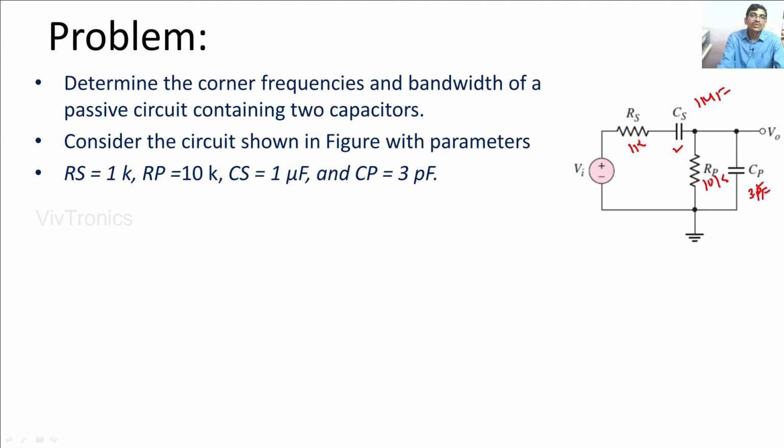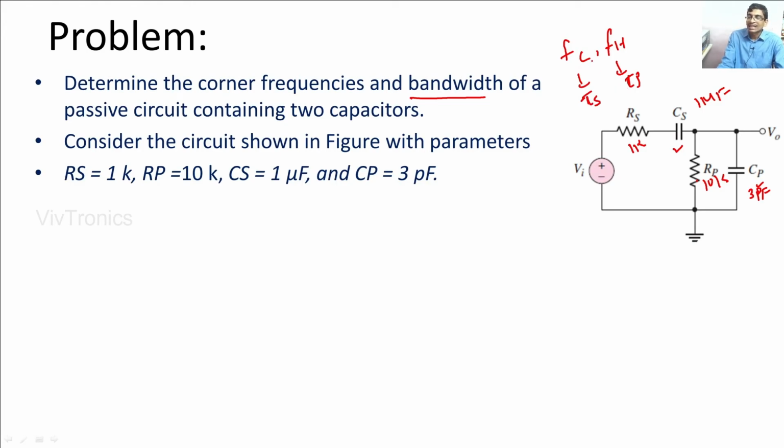Now we need to get the bandwidth of the circuit. In order to get the bandwidth, we need to get the FL and FH values, and these are functions of tau s and tau p. So first we have to calculate tau s and tau p.